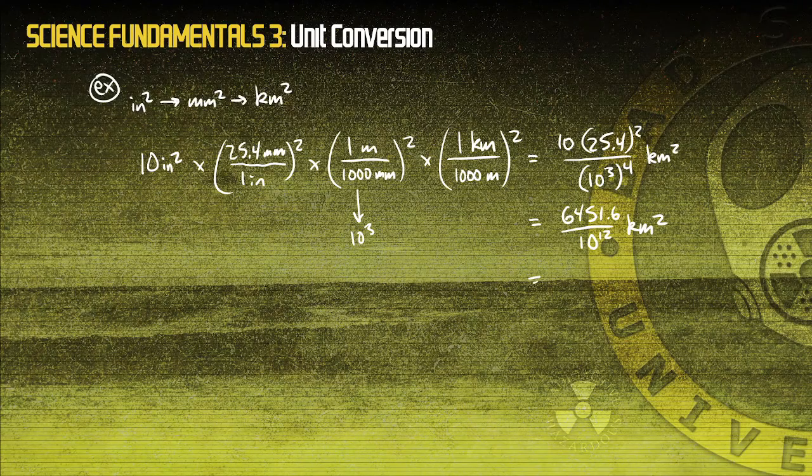And then you get about, well, let's say approximately 6 times 10 to the 3, because the numerator is about 6,000, divided by 10 to the 12 kilometers squared. And that gives you approximately 6 times 10 to the minus 9 kilometers squared.